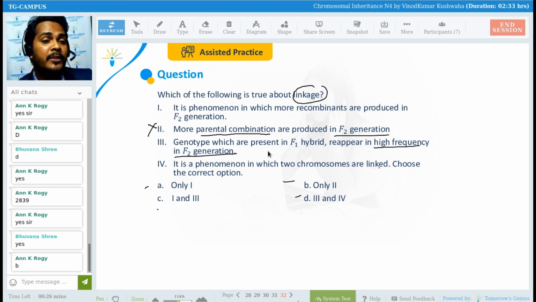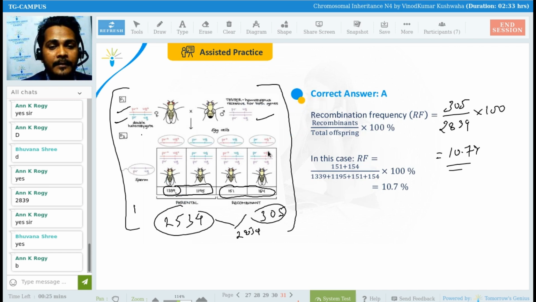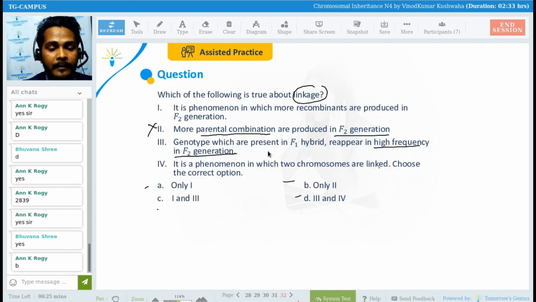More parental combination. Parental combination means, sir, what? Actually it is talking about the recombinations, right? Sir, in linkage it will not allow crossing over, so how are more recombinants produced in the F2 generation? See, in the previous diagram you can see the number of recombinations is higher, right?